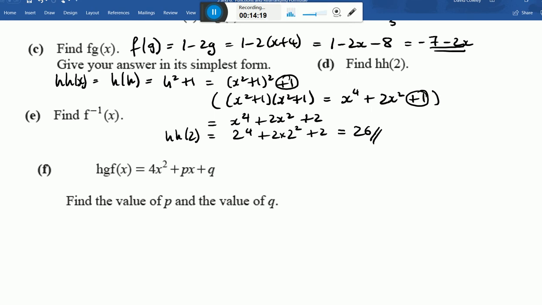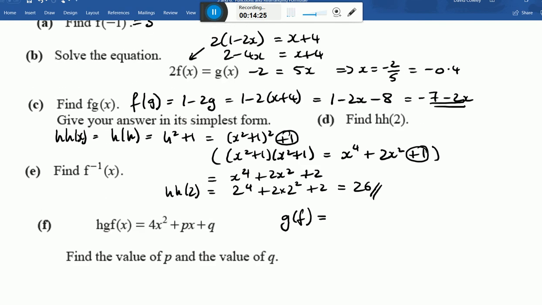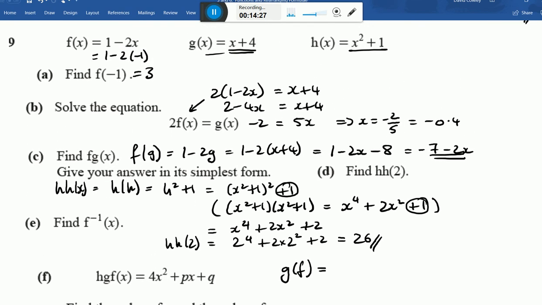Let's do g of f. g of f, if we go back up to the top, is f plus 4. And that is equal to 1 minus 2x plus 4, and that is equal to 5 minus 2x.